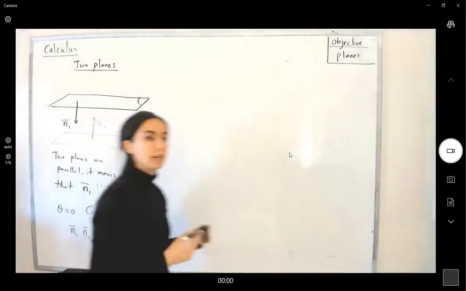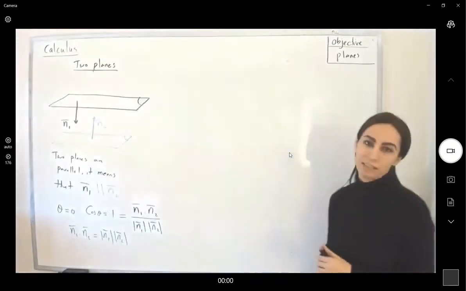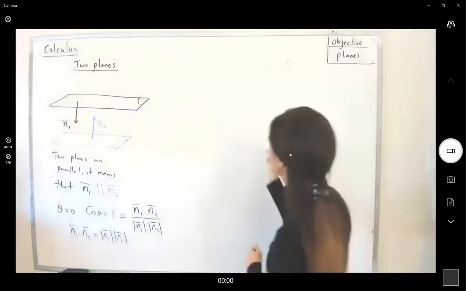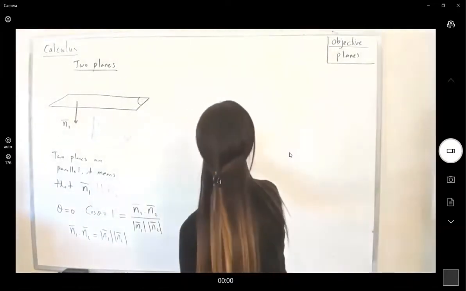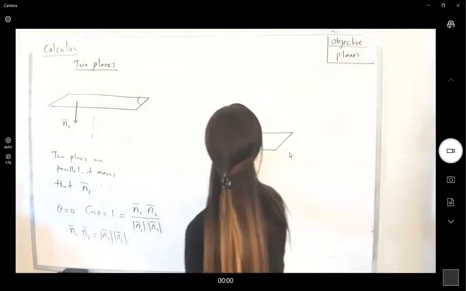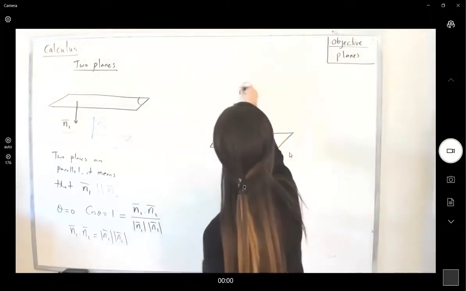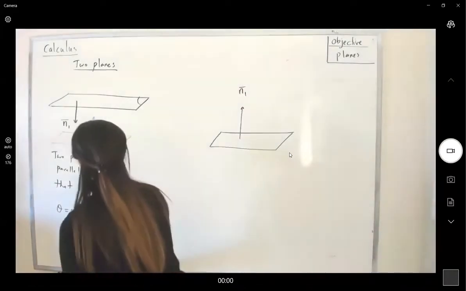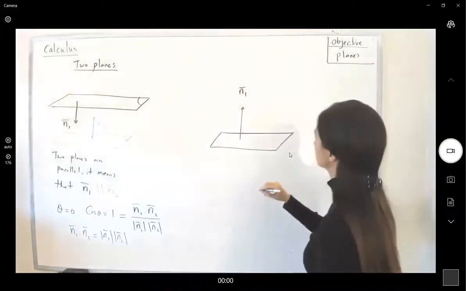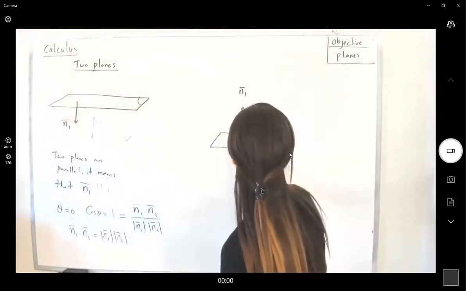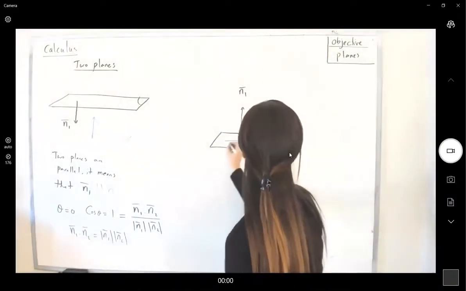You might have two planes that are intersecting. Well, suppose this is your plane with normal vector n1, and this is your second plane crossing this plane at some line or some point.